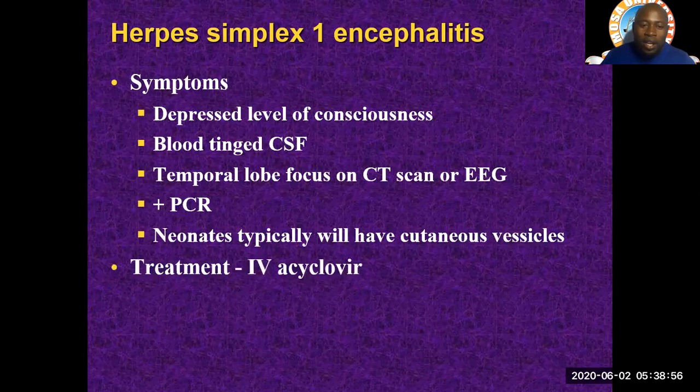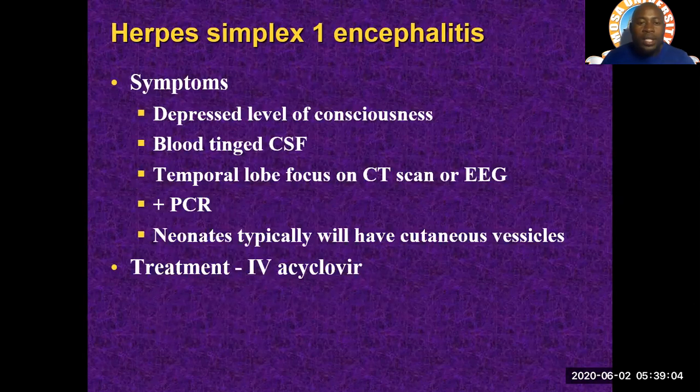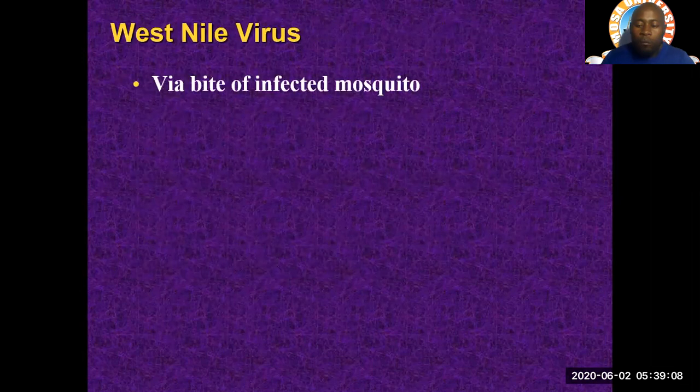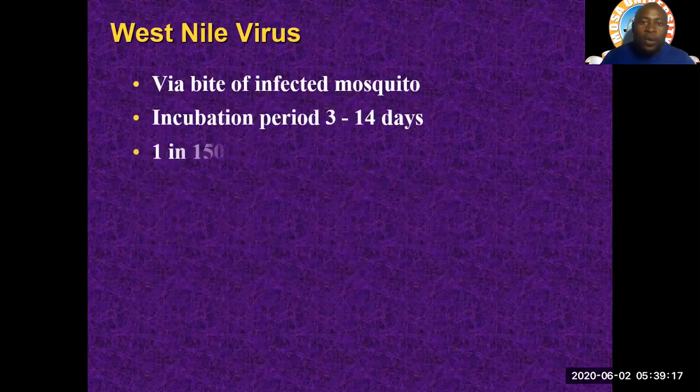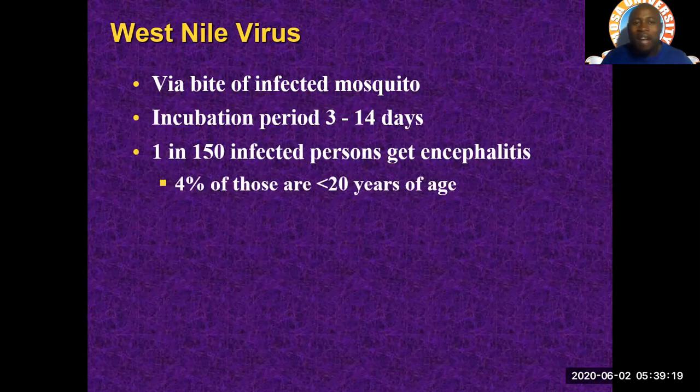In neonates, you find cutaneous vesicles. The treatment here is IV acyclovir. Then let us look at West Nile virus. It comes by the bite of an infected mosquito, with an incubation period of 3 to 14 days.